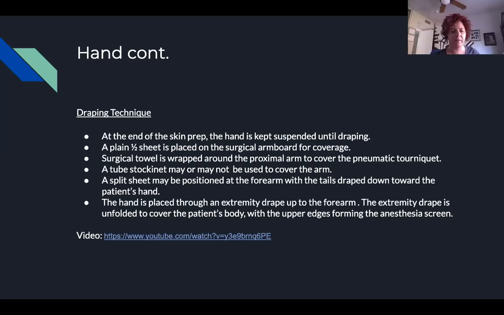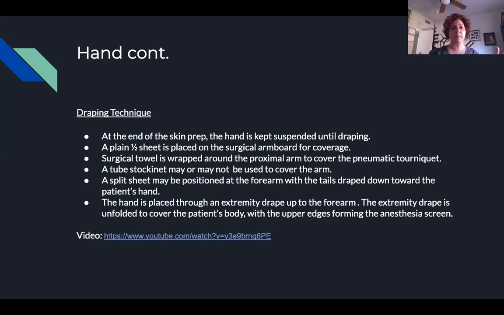Before I go to the video, I just want to mention that sometimes you'll use a traditional extremity sheet. Sometimes they'll have a special drape called a hand drape. Like she mentioned in the video when we watched the draping of the leg extremity, sometimes it'll have a head and a foot and other times it'll say longer end.